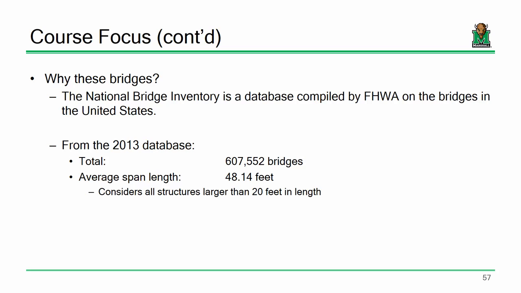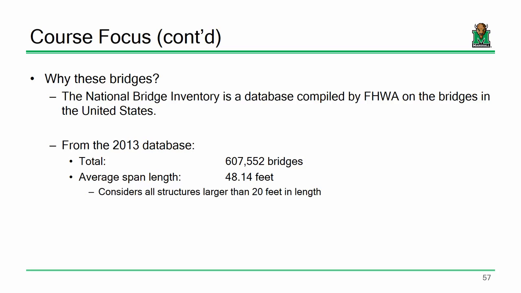The National Bridge Inventory is basically this mega huge database of just about every bridge that can be compiled in the United States. Now, I did a little bit of analysis on the 2013 database. I doubt that this data has changed drastically in the last 3 years, but it is what it is.